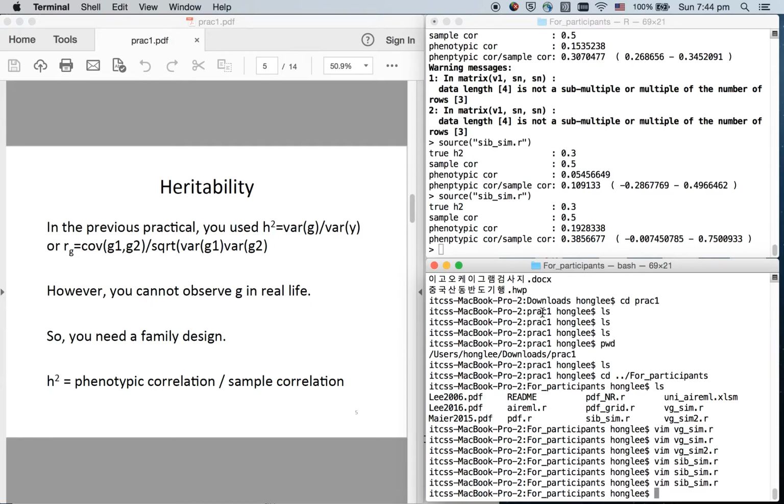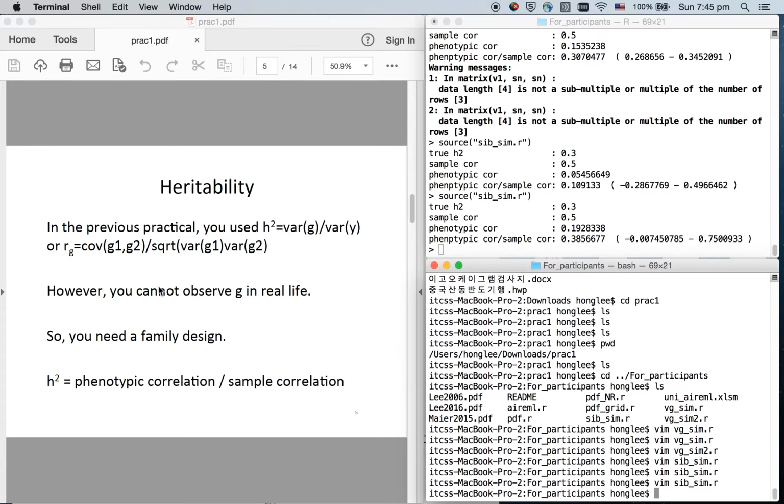In the previous practical, you used heritability equals actual genetic variance divided by phenotypic variance. Then you got the estimated heritability and compared it to the expected heritability, right?